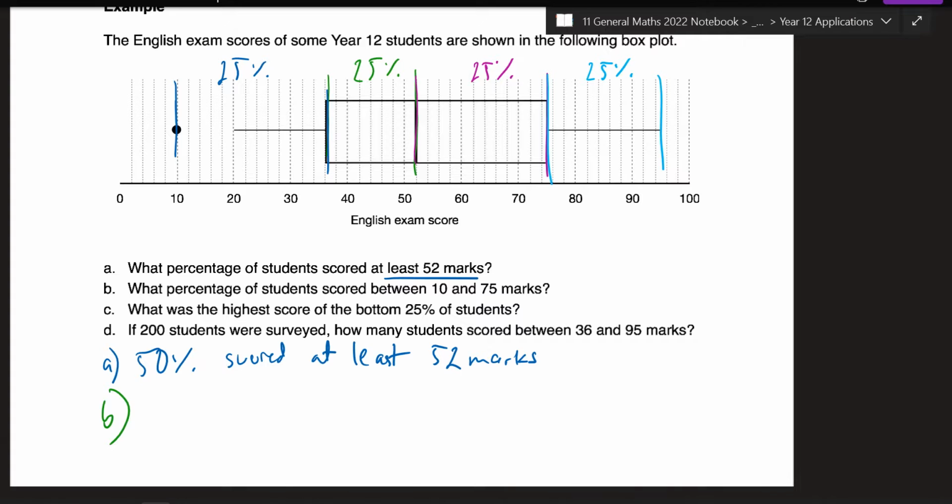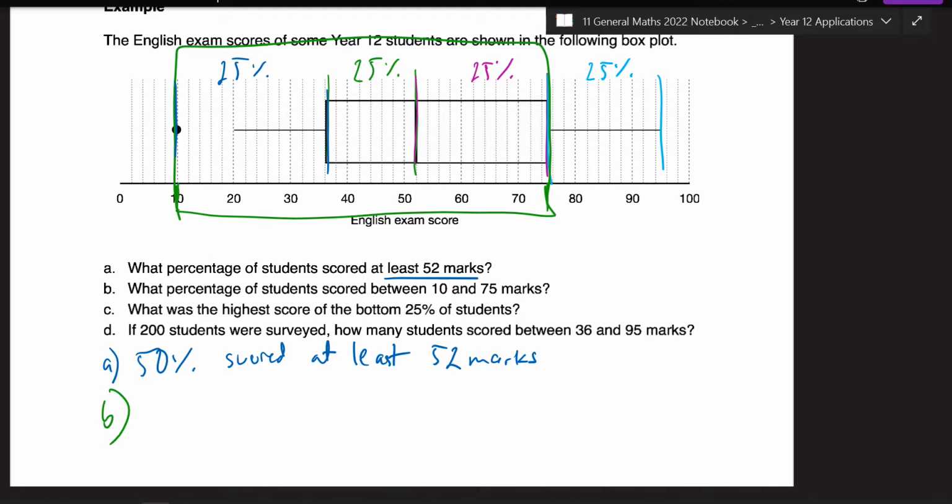Nice. Okay, B. What percentage of the students scored between 10 and 75? Between 10 and 75, I'm looking at here, and 75 is about here. So all of this. What percentage of the students scored between 10 and 75? Tegan, add up the percentages. What's 25 plus 25 plus 25? 75. Good.